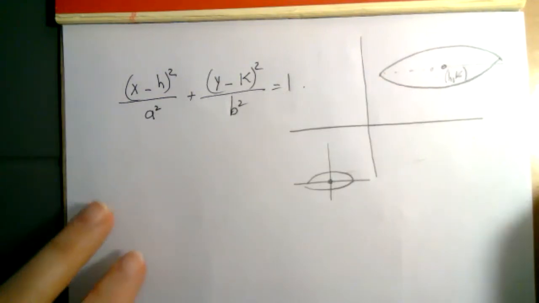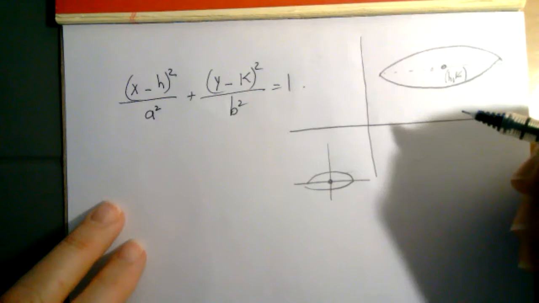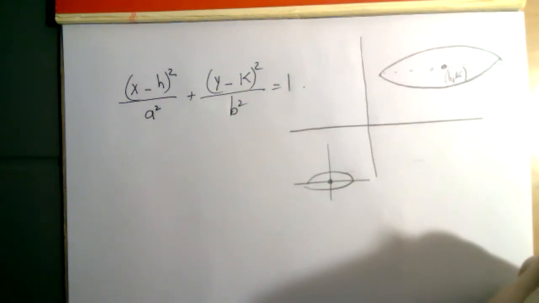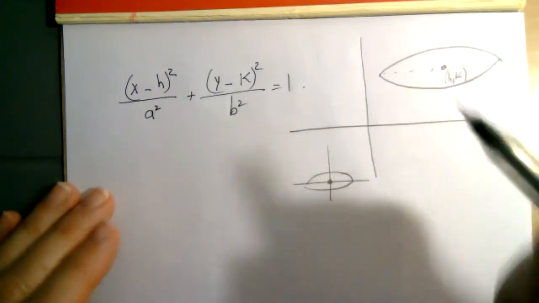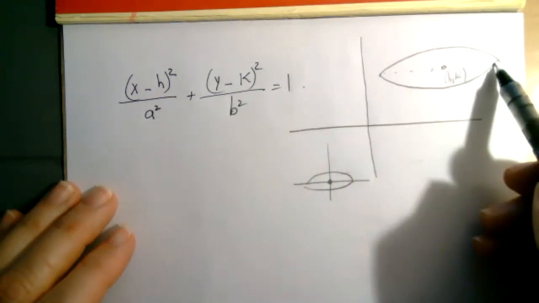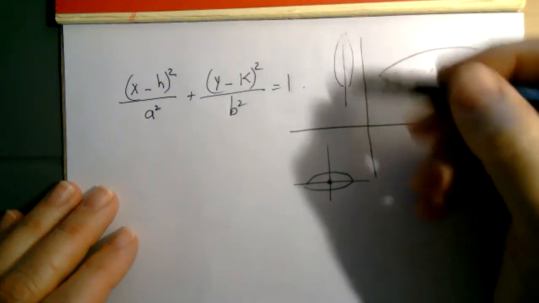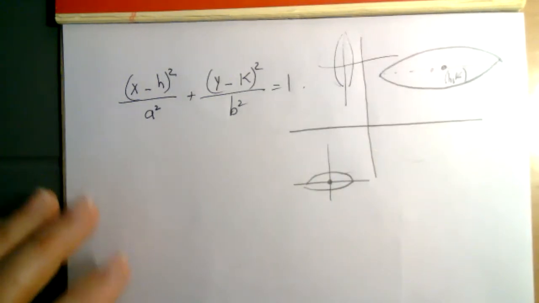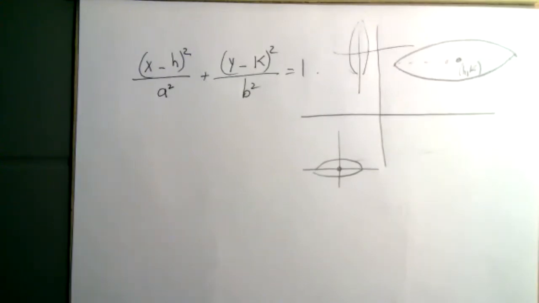That's the equation of the ellipse where the center is (h, k). Any questions? Everything is like before, in the sense that if a is bigger than b, this is the shape of the ellipse. If b is bigger than a, it's going to be stretched. All right, so let us do 2 problems just to interact with this idea.